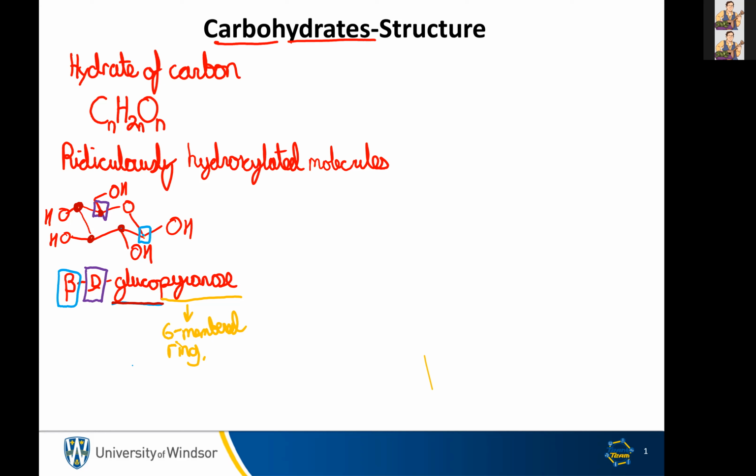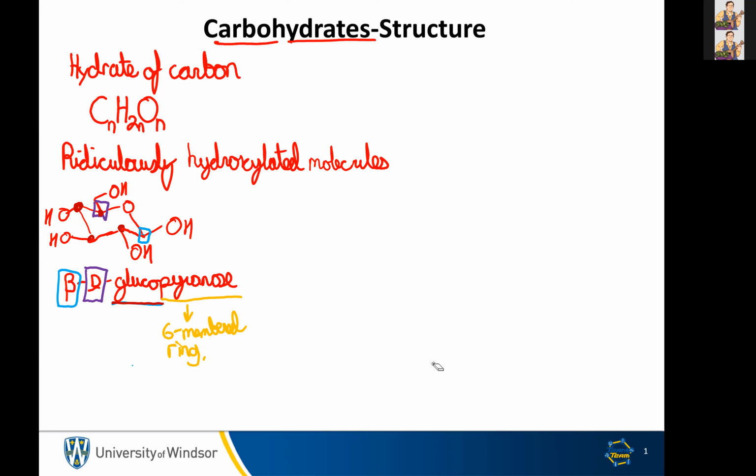The carbon 1 here is equatorial, or opposite, even though it's equatorial, relative to carbon 5. The gluco tells me the relative stereochemistry of every single one of the atoms, and the pyranose tells me it's a 6-membered ring. So that's what the name tells me.